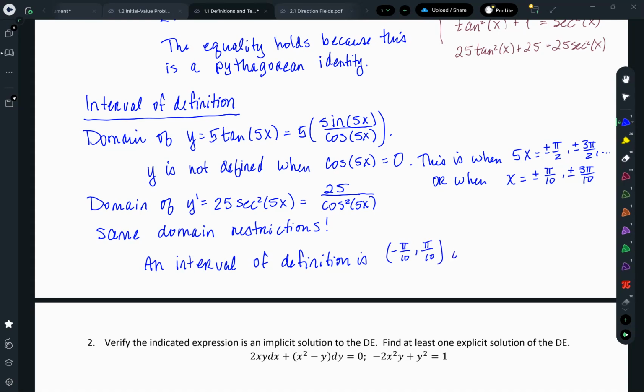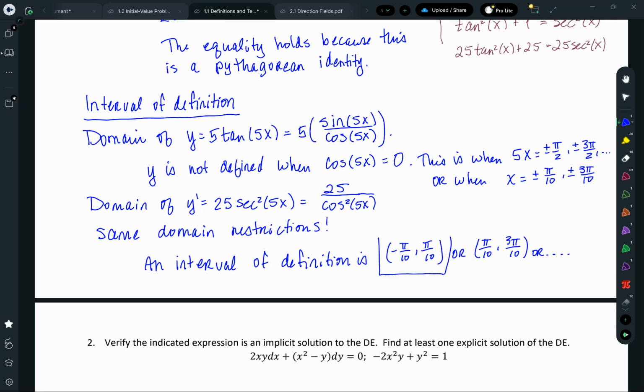Or we could go from pi over 10 to 3 pi over 10, or any other variation, okay? When it comes to listing one, I typically will choose the one that includes 0 in it, or something close to the axis, or the origin, sorry. And that's it. We're done with that one.